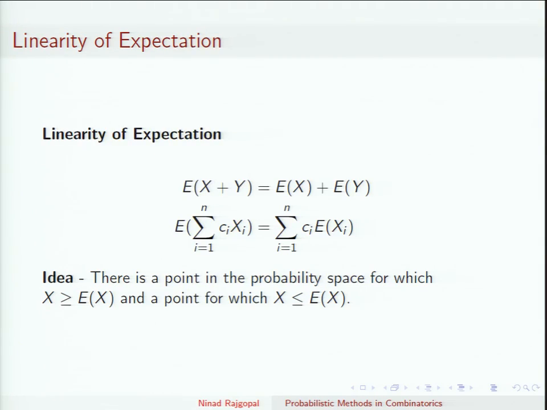Is this fact clear? This seems intuitive. So when you look at the expectation E of X, you can make a similar statement that there exists a point in the probability space for which the value of the random variable is greater than or equal to E of X, and similarly less than or equal to E of X. So we'll be using this in the further proof. I'll give an explanation as to how.